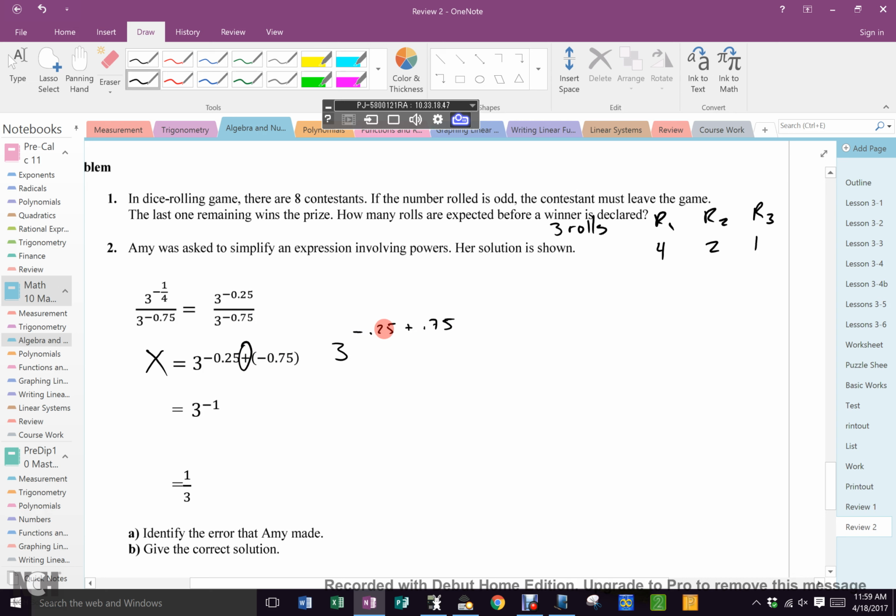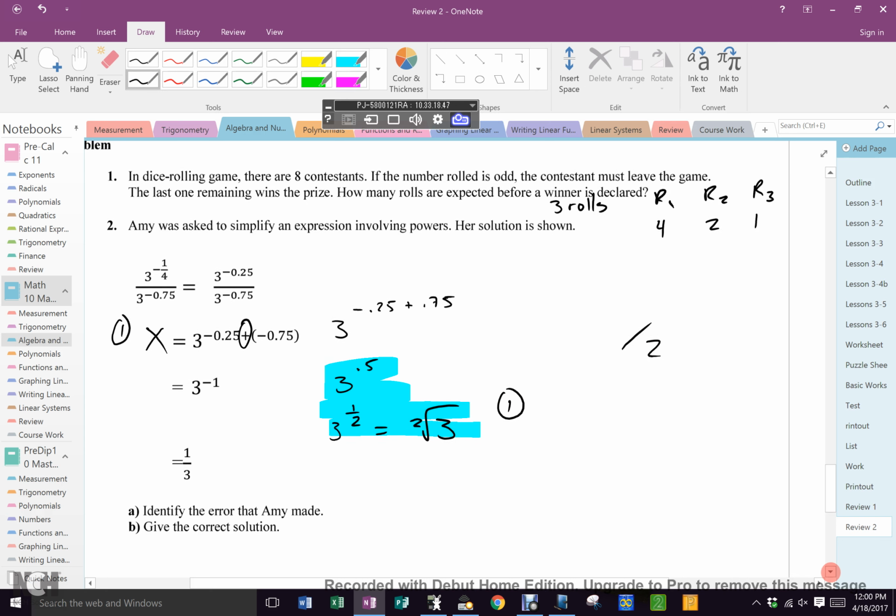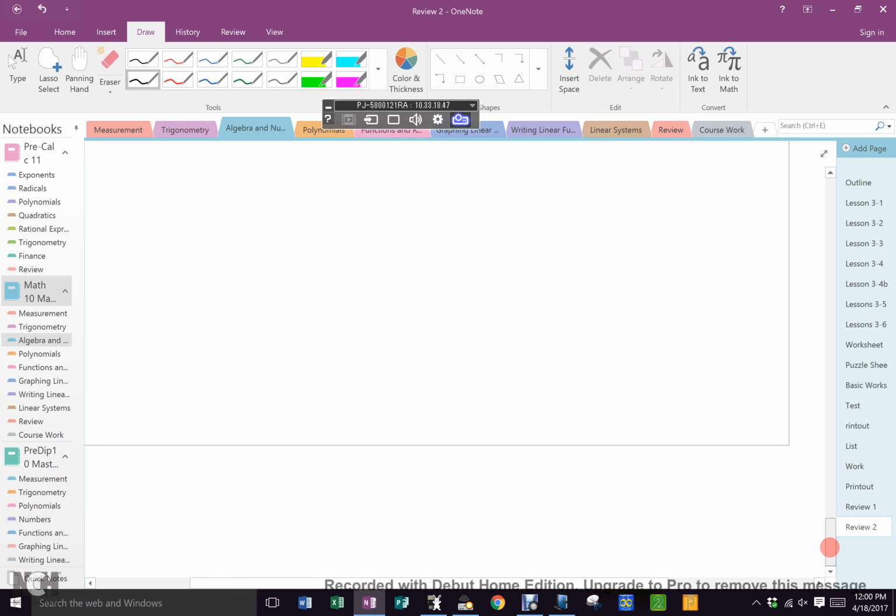If you have -1/4 and you add 3/4, what do you get? Positive 0.5, yes? Which is 3 to the 1/2, which is the square root of 3. This is right. You get 1 mark for finding her mistake. You get 1 mark for fixing it, making that out of 2. And I think that's it, yeah?